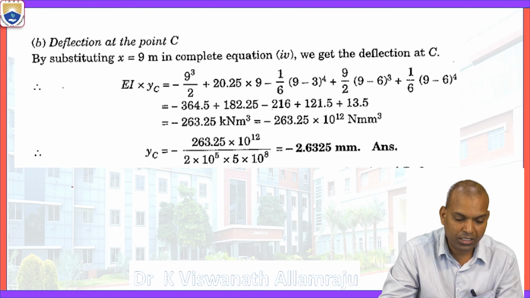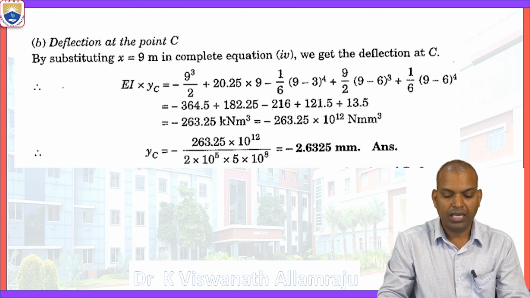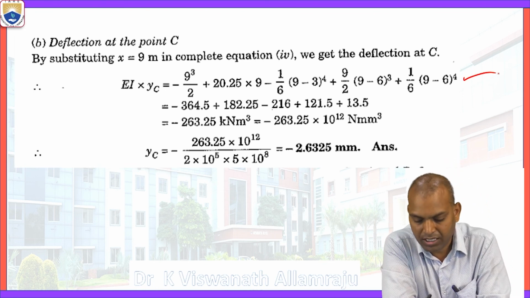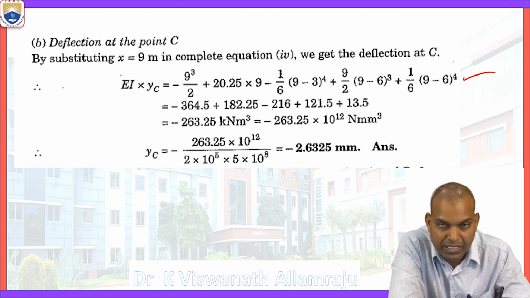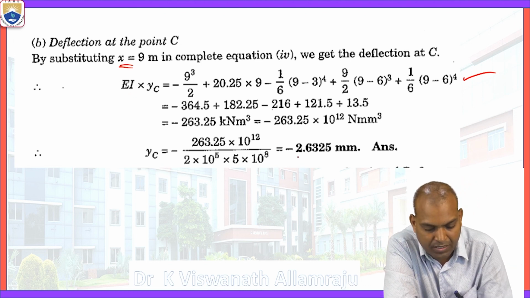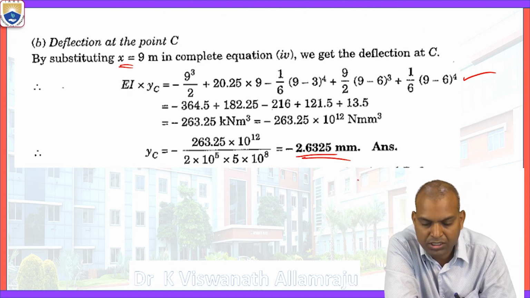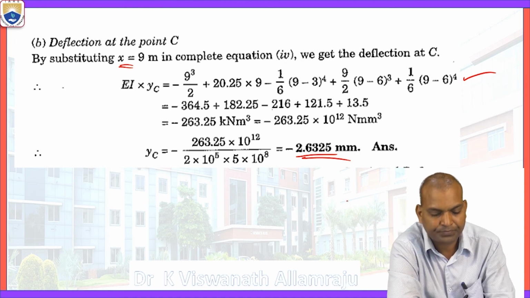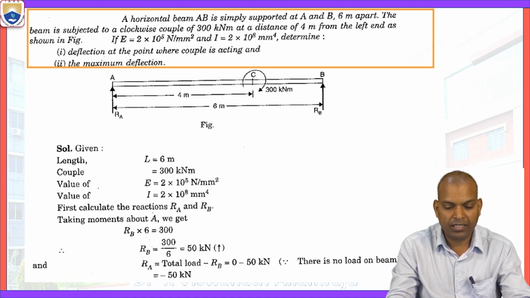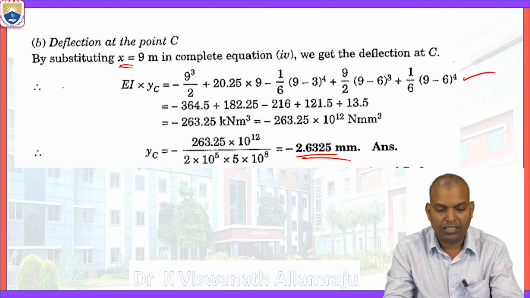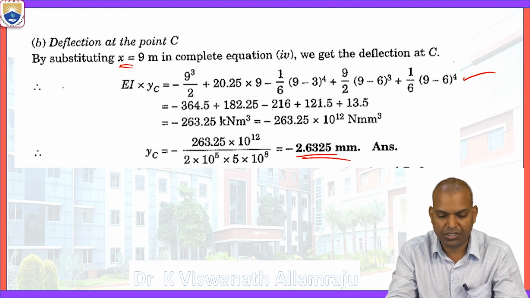Then, what is the deflection at point C? EI times YC. We want it at C. Again through the equation, substitute x equal to 9 meters. The value is observed as 2.6325 millimeters. So in this manner, we have to consider the different equations for deflections.